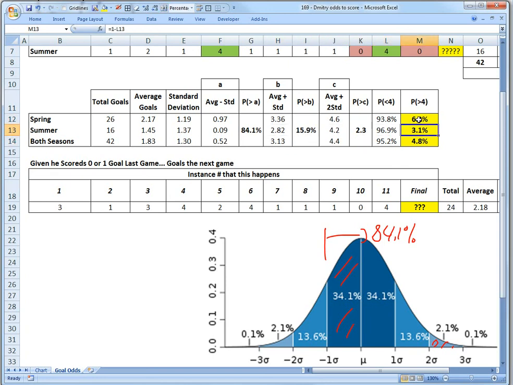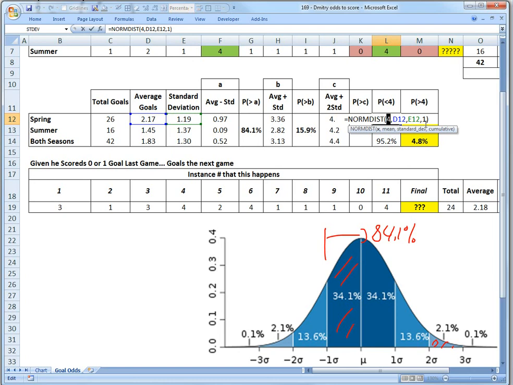But also what you could do with Excel, you could just put this equation here, which is actually this normal distribution equation, which basically gets you the probability of anything less than 4. So I put in 4 for the normal dist, and then you put in the mean, which is this one here, the standard deviation, which is this, and the cumulative probability, which is just 1.